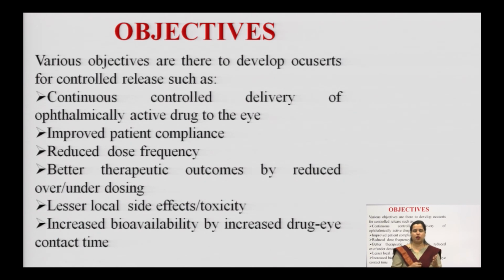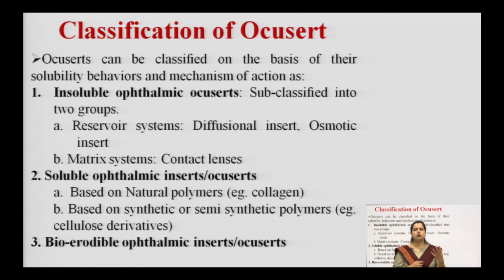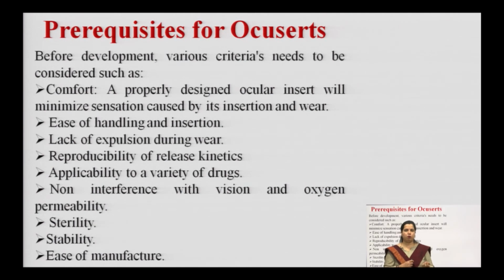Superficially I had told you that it has accuracy, better patient compliance, reduced dose frequency, better therapeutic effect and fewer side effects. And what are the prerequisites, like ease of handling, insertion, less expulsion rates during wear and tear of the eye, sterility, stability. So, these are the various prerequisites or criteria for making Ocuserts.